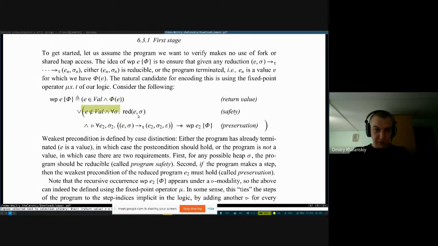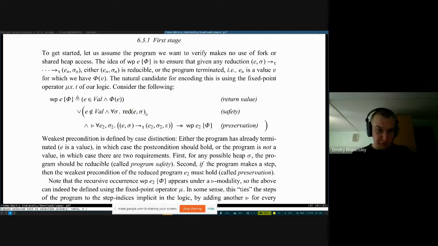The other possibility is that the program is not a value. Can it then be reduced? A big question. The cases where it can't be reduced are, in fact, the undefined behavior cases.